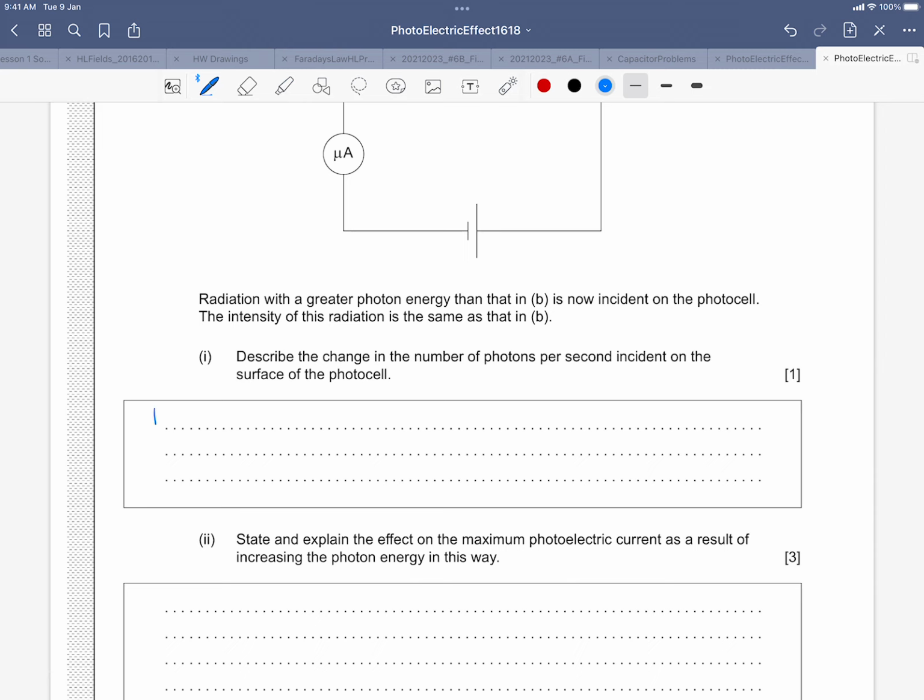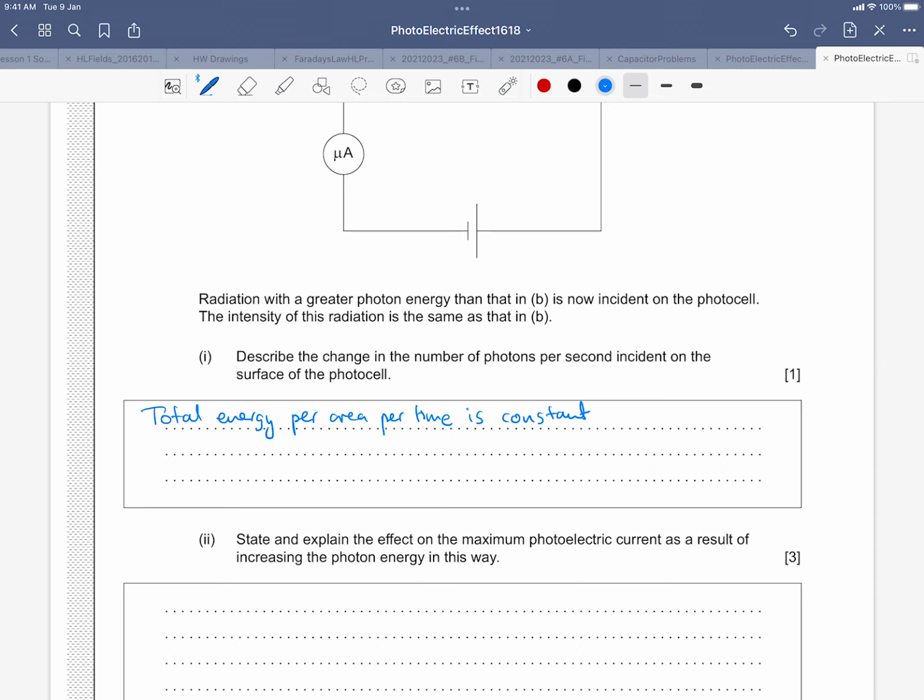So the intensity is energy per unit area per unit time. So total energy per area per time is constant. But if we have higher energy photons, then we don't get that many photons, because you have to take the total energy and divide it by the photon energy to get the number of photons.